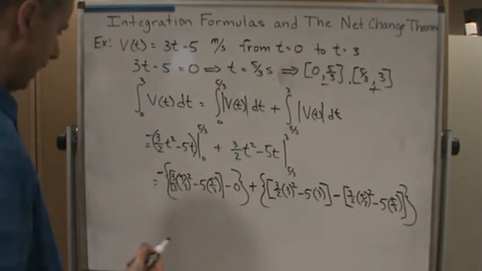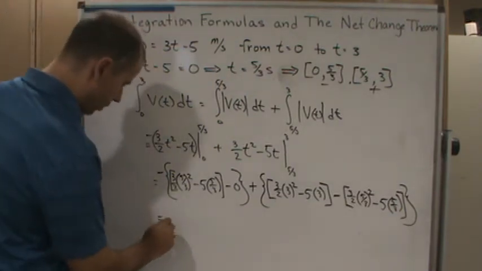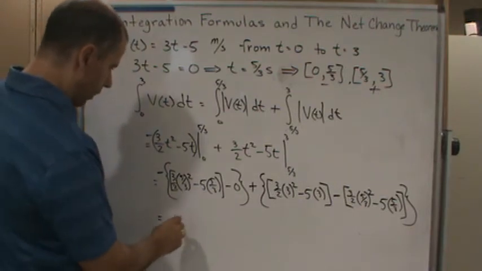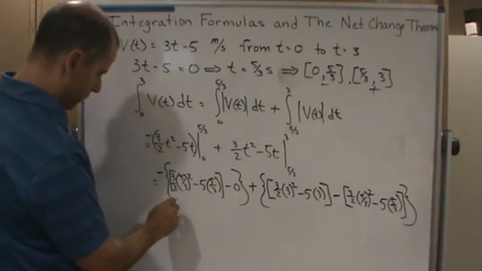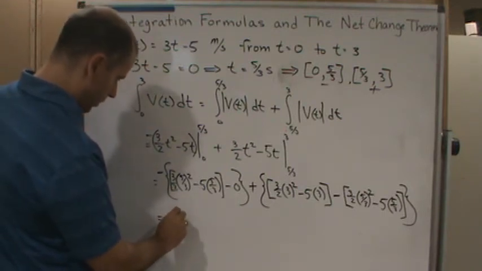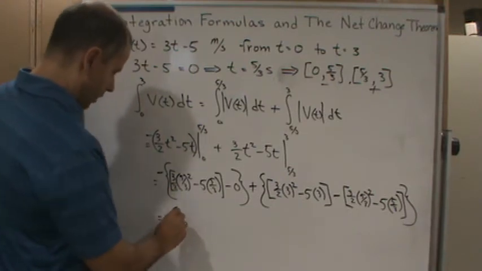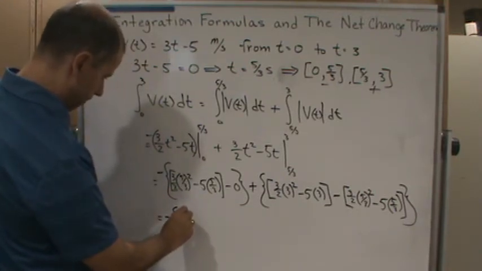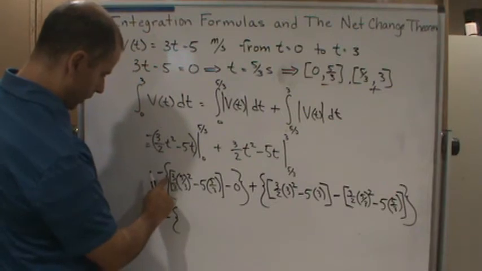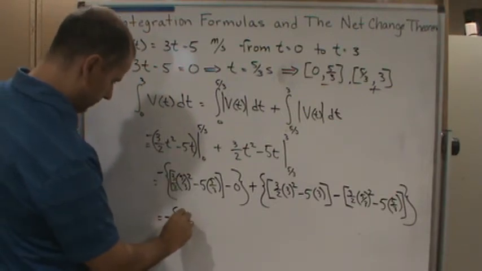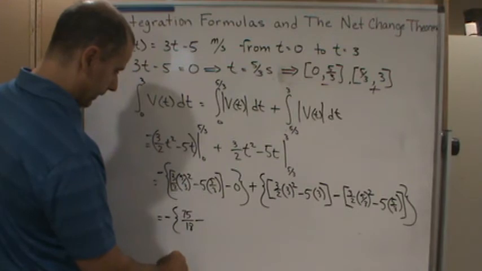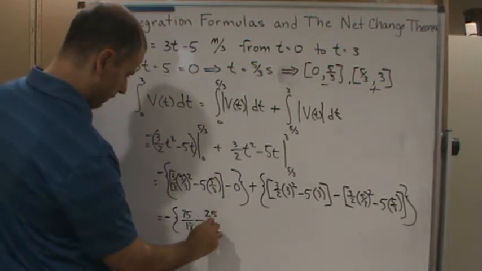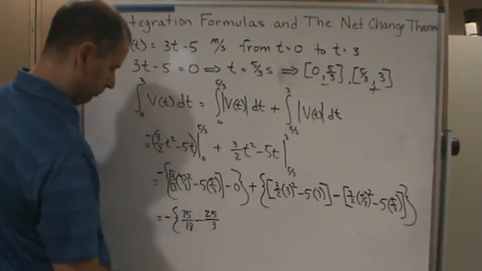Okay, so now let's simplify. This is going to become 75 over 18 minus 25 over 3.